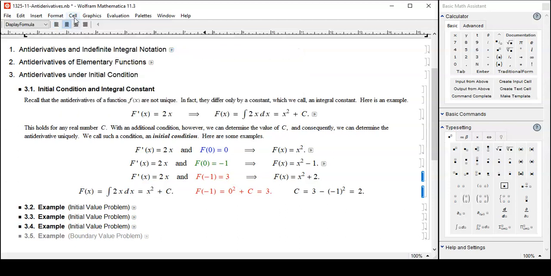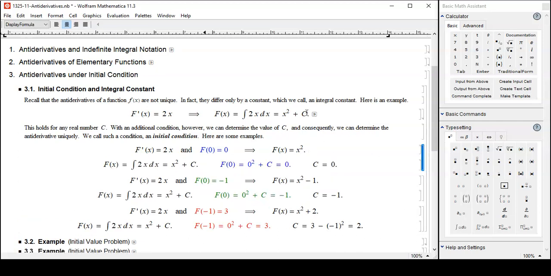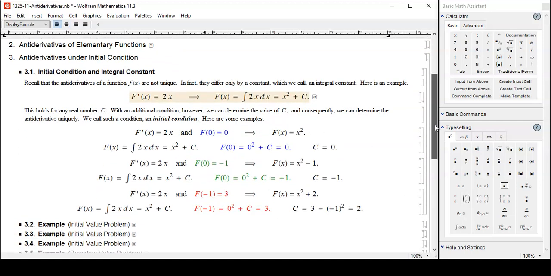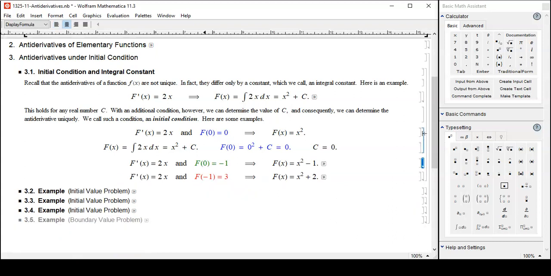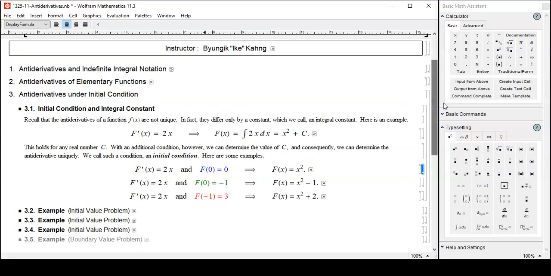Does it make sense? So same problem, same antiderivative computation, but you can get different final answers due to different initial value condition or just initial conditions. This kind of problems are called initial value problems.